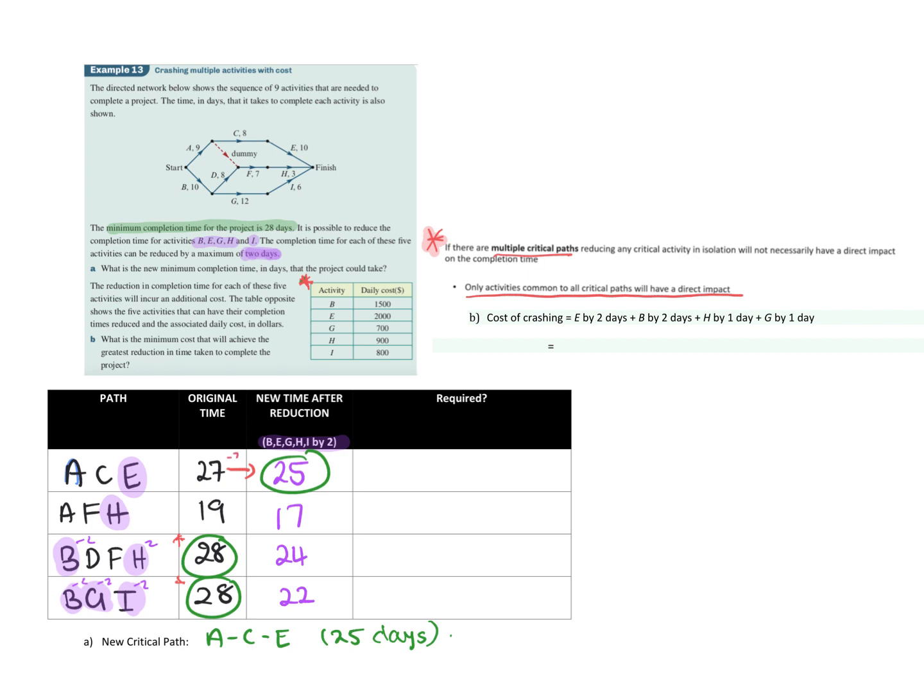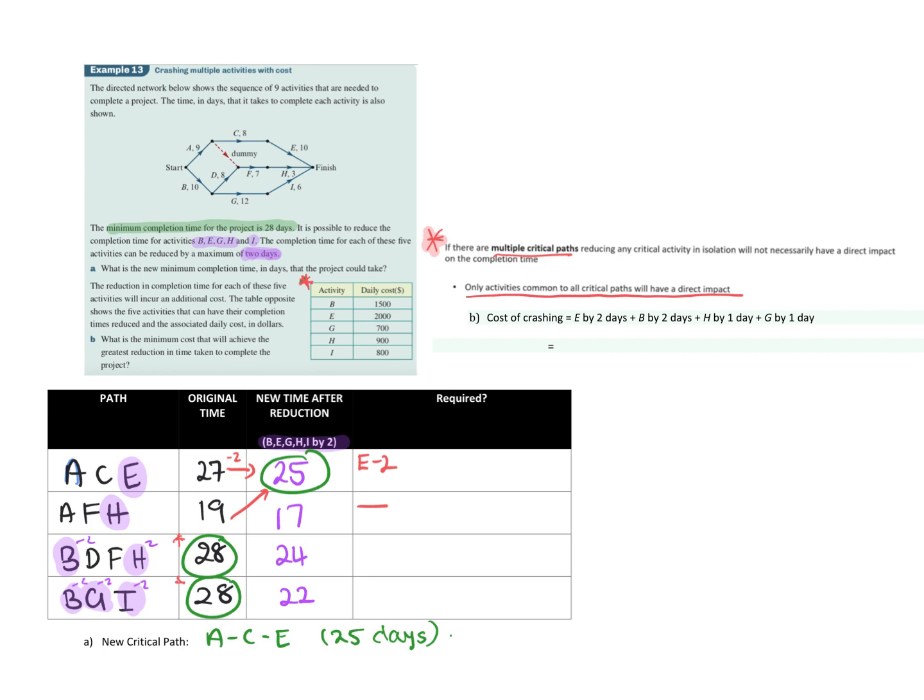So if I'm minusing 2, and E is the only one I can crash, I know I'm going to be crashing E by 2. So I'm taking 2 by E. Okay, in the next one, now 19, to get 19 to be under 25, it's already under 25. So really, I don't need to do anything to that one. There would be nothing I'd have to crash.